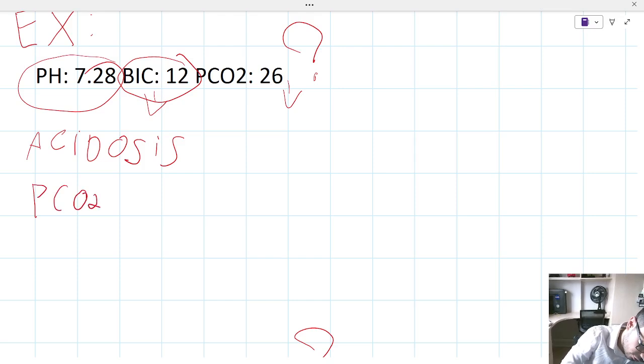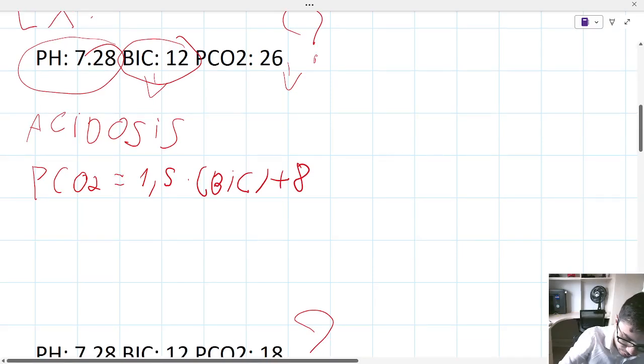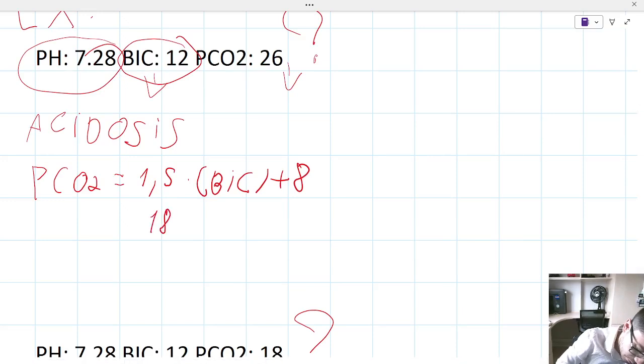The PCO2 will be equal to 1.5 times the bicarb plus 8. Okay, so it will be 12 times 1.5, which is 18, plus 8, okay, we'll have the value of 26.